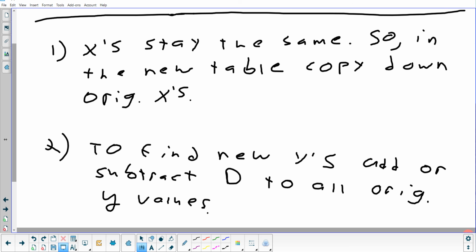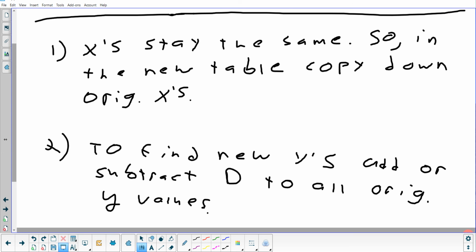If it's negative, you're going to subtract that value from all the original values. And you don't do the opposite. If you see a positive, like a +3, you need to do a +3 to all your y's. If you see a -5 on the end, you need to do a -5 to all your y's. Don't do the opposite. Sometimes people do the opposite.